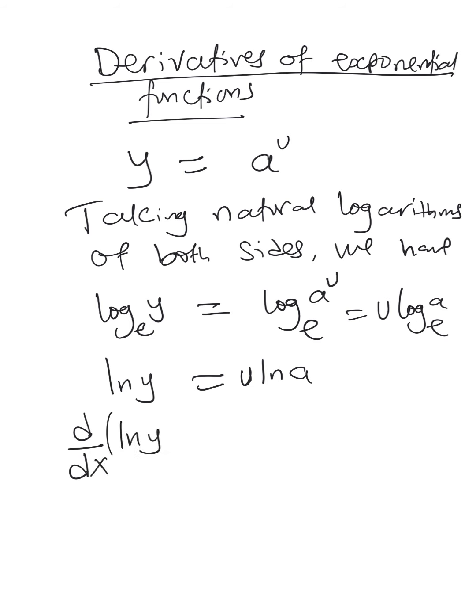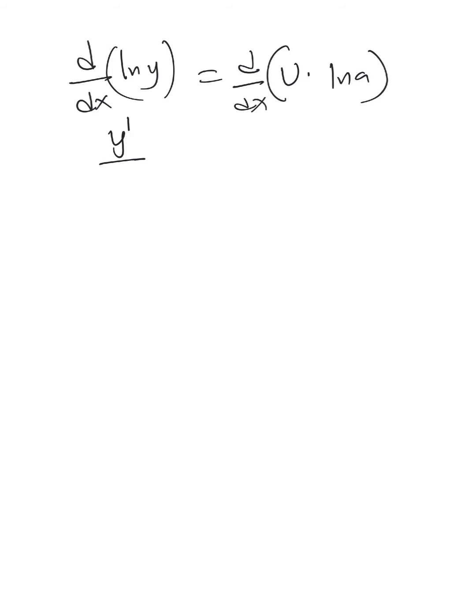So we have d by dx of natural logarithm of y is d by dx of u times natural logarithm of a. Since natural logarithm of a is a constant, we only differentiate u, and we remember what we have just discussed. We differentiate y and divide by y, but we are differentiating y with respect to x.